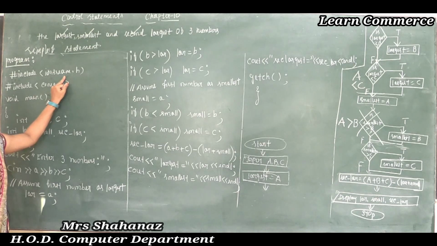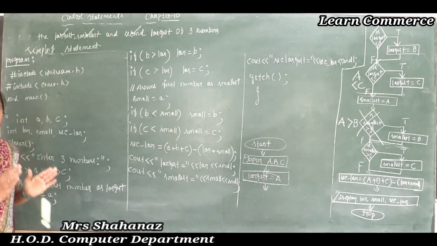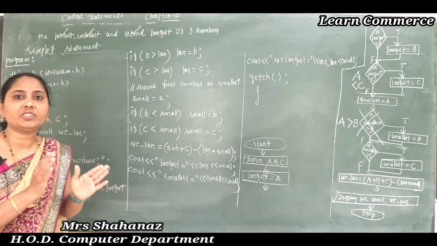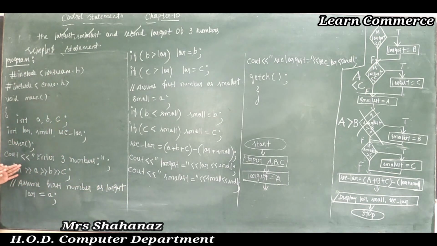The objects are cin and cout. cin is used to input a value into a variable, which takes the input given by the user. Whatever value needs to be displayed as output, we use cout.